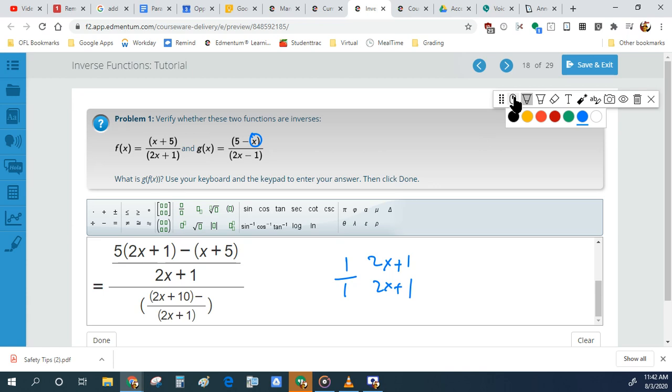So basically 1 times x plus 1, well, that's literally just 2x plus 1. And the denominator is 2x plus 1. So I'm going to leave those denominators the same. So that's all I do there.